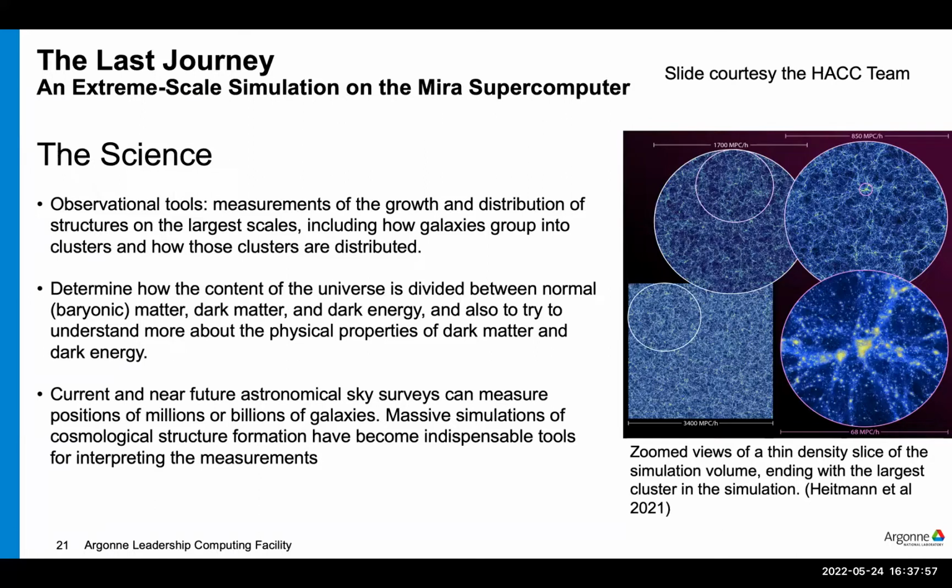We can also put in different models for dark matter and dark energy to try to figure out what some of its physical properties are that would let us match the distribution of galaxies. The reason we need really detailed simulations is that the data is getting really good. With current and near future astronomical surveys, we're already measuring the positions of millions of galaxies, tens of millions, maybe even hundreds of millions, and we're going to get to billions of galaxies very soon.